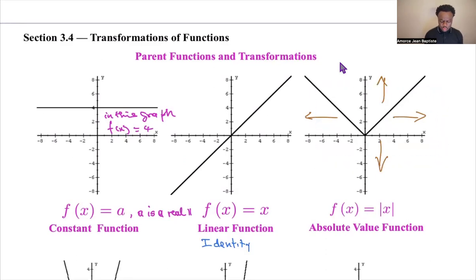We can do all of that, but we need to understand that the basic function that will be subject to those transformations will keep the same base shape as the basic or parent function. That's why we are trying to identify all the parent functions. When we see the transformed function either on a graph or the equation, we know which parent the function came from.